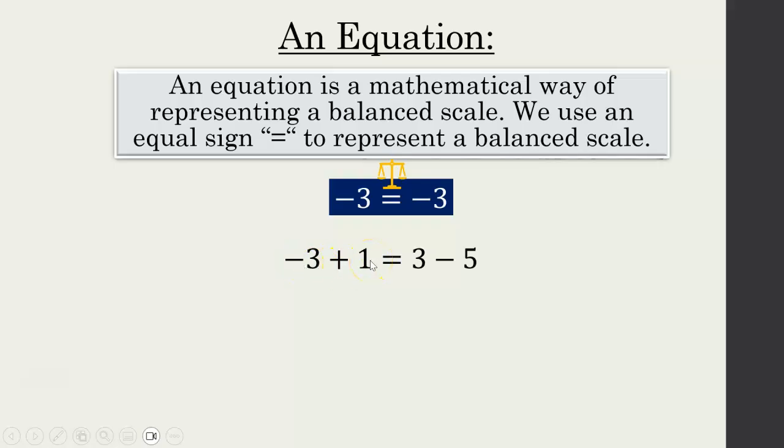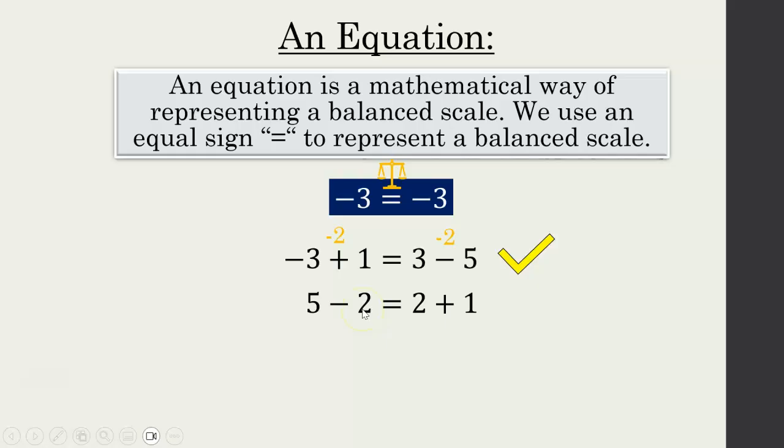Well, that's minus 2. So I have minus 2 on the left-hand side. Now I have minus 3 minus 5. What's that? Well, that's also minus 2. So on the left-hand side, I now have minus 2 apples, and on the right-hand side, I have minus 2 apples. Well, think about it. Is it going to fall? Is it going to rise? Well, it'll be exactly the same. So it is balanced.